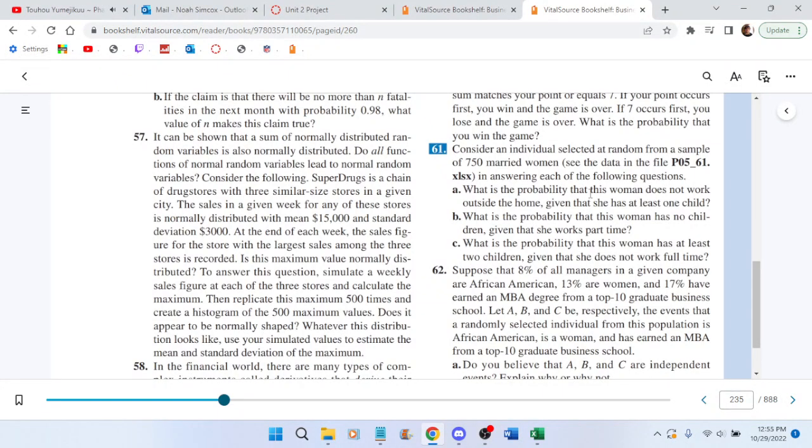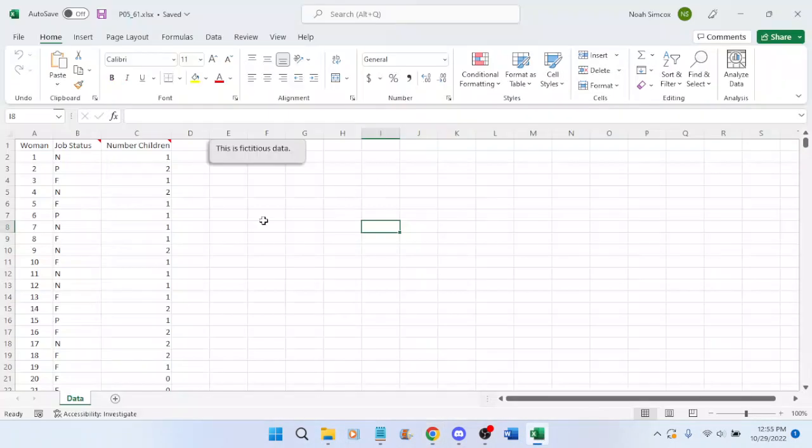Okay, given that she has at least one child, so, okay, first of all, let's see. Number of women listed here that have at least one child.